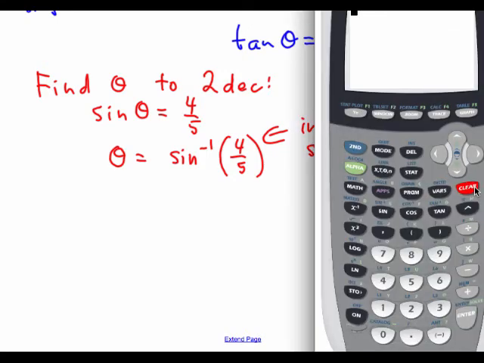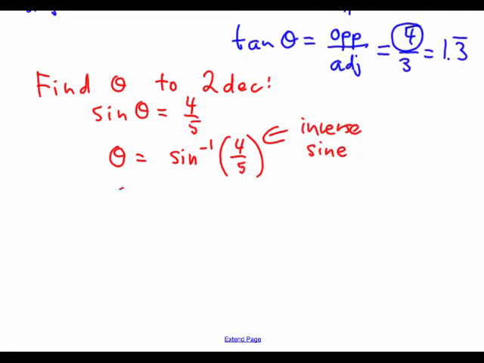So if I go over to my calculator, what I need to type in is shift, second function, sine inverse, 4 divided by 5. So I want to reverse the ratio, and it's telling me the angle is 53.13 degrees. Theta is 53.13 degrees. Be sure you put your degree sign in. That's like putting in your units.